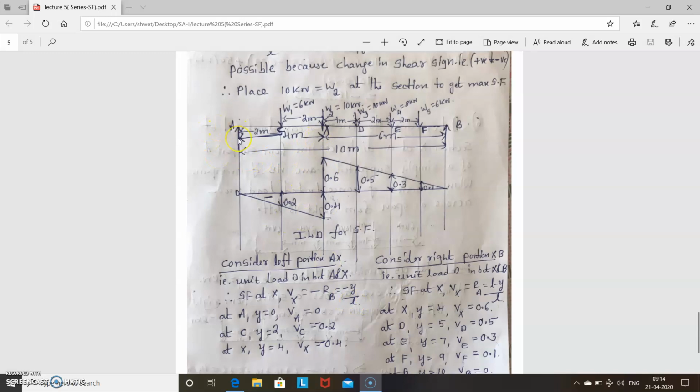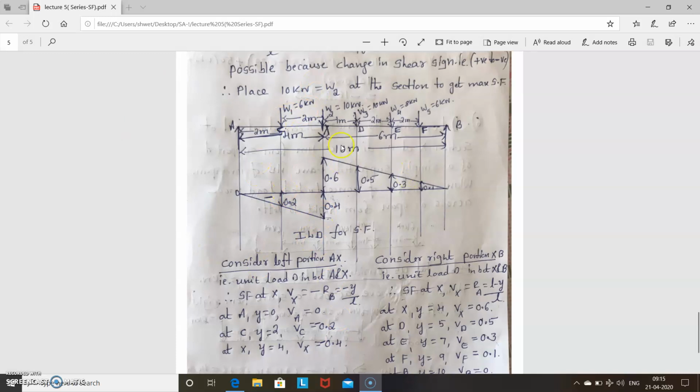First point is at A: y is equal to 0, so VA is equal to 0. Next point is at C. Total here is 4, this is given already as 2, so y is equal to 2. Substituting, you get minus 0.2. Next at X, y is equal to 4, so you get minus 0.4.